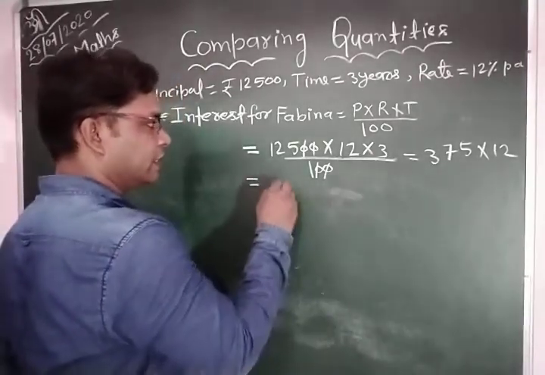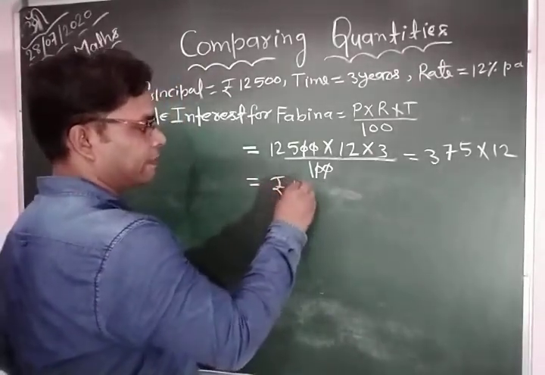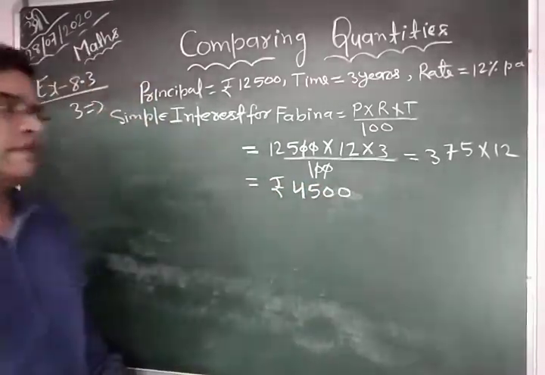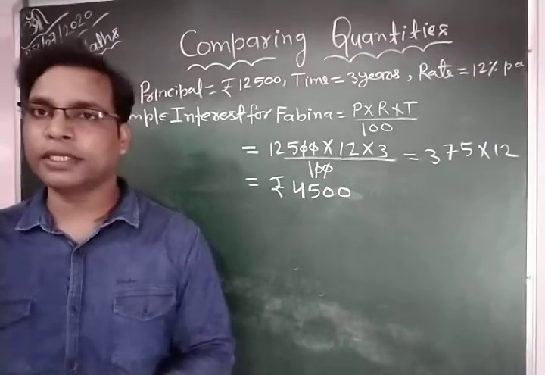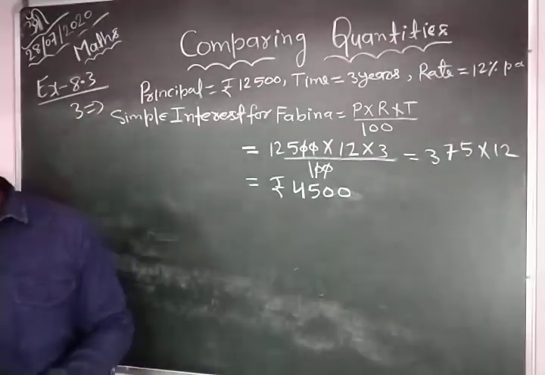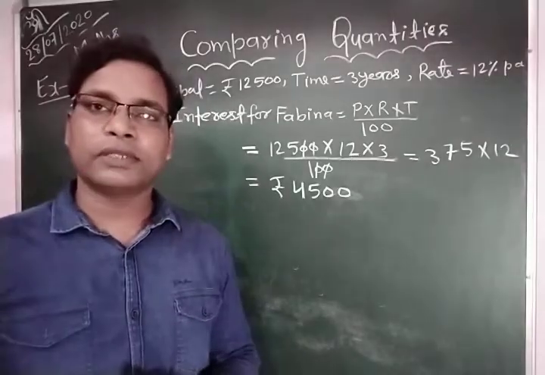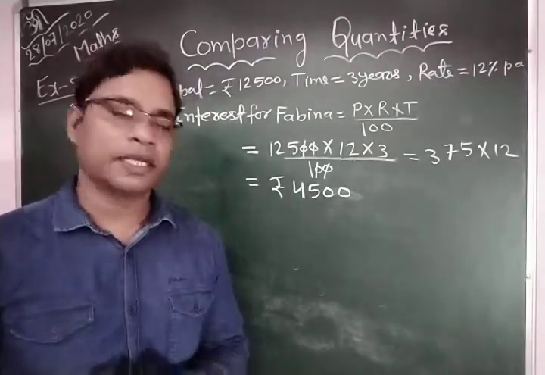So you can see here the simple interest for Fabina is 4,500 rupees.